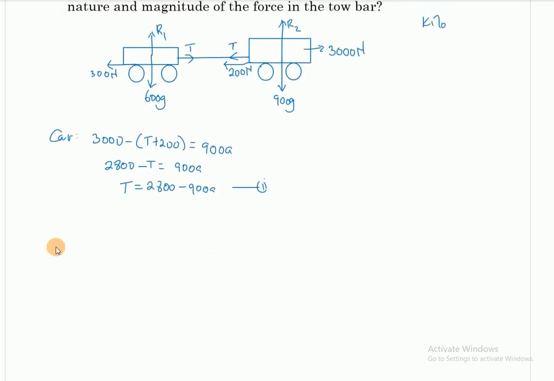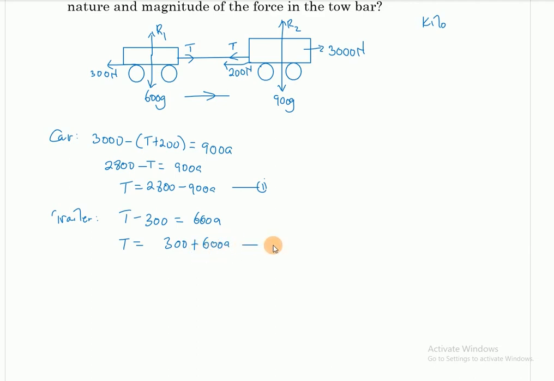Then we'll also look at motion of the trailer. For motion of the trailer, we're looking at motion in that direction. So we have T minus the resistance force, which is 300. It should give us 600 times a. And for this one, T is equal to, maybe I can say it is equal to 300 plus 600a.